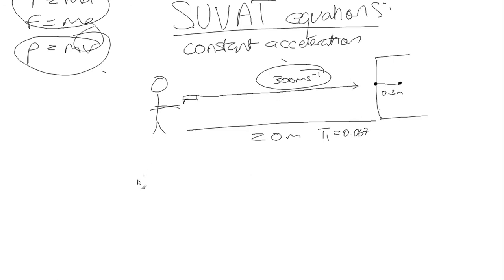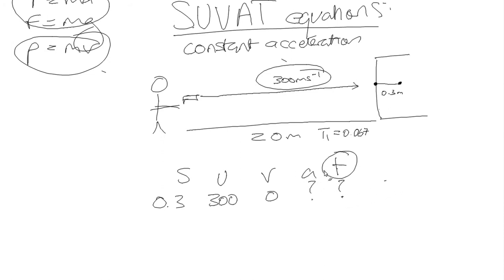The object has traveled 0.3 meters. Its initial speed was 300 meters per second. Its final speed was 0. We don't know the acceleration or the deceleration in this sense. We don't know the time taken for it to do that. So what are we going to do? We need to find the time, right?